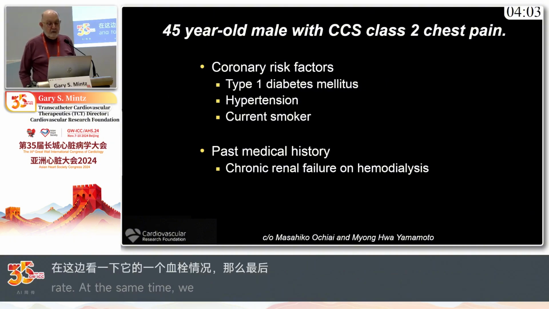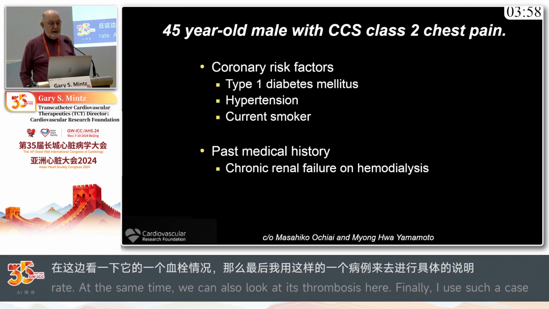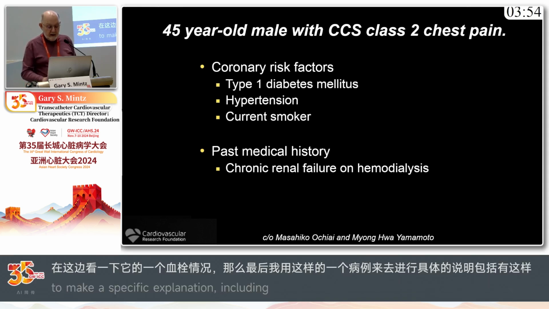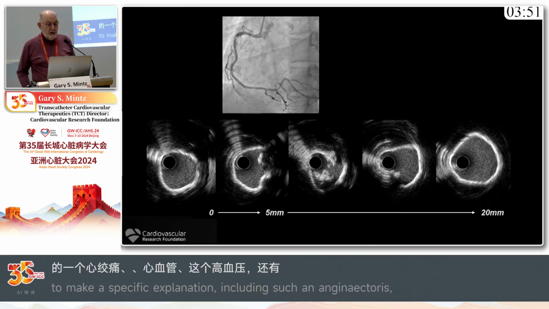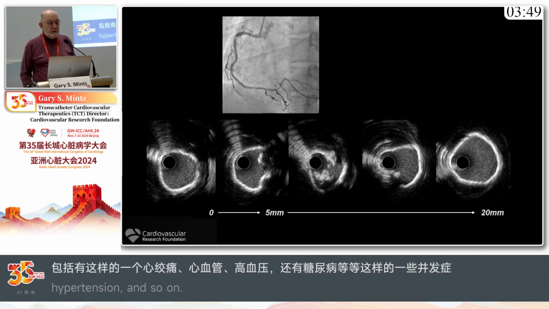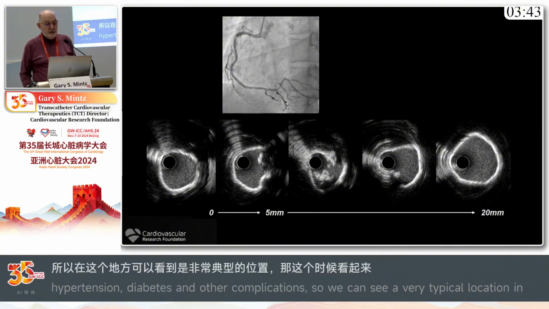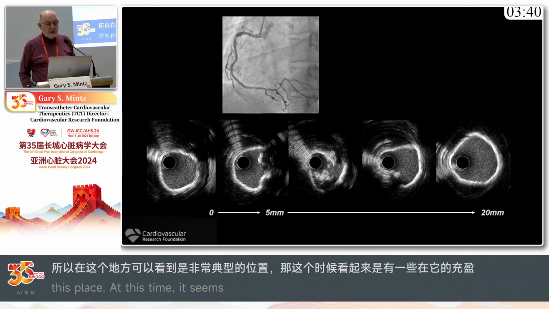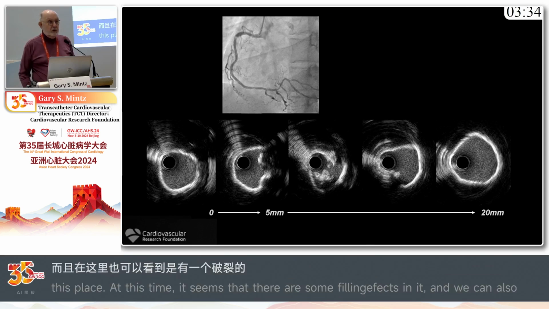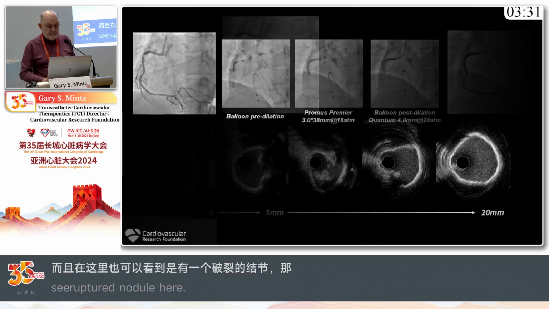45-year-old male with class 2 angina, risk factors of diabetes, hypertension, and smoking, and he has chronic renal failure and is on hemodialysis. You can see the typical proximal right coronary location with what appears to be a filling defect, and by IVUS you see in the middle panel calcified nodule, probably an eruptive calcified nodule by its configuration, but as I mentioned, OCT is better for this.